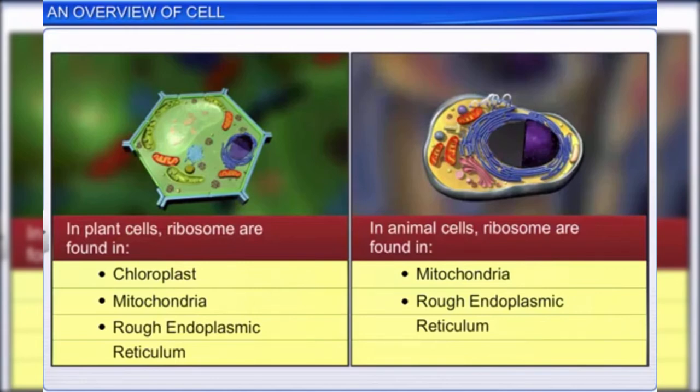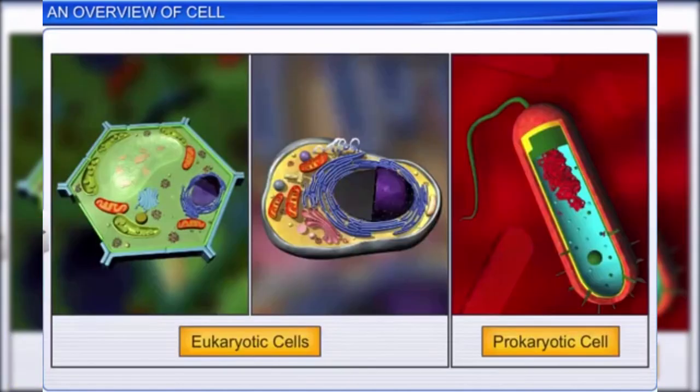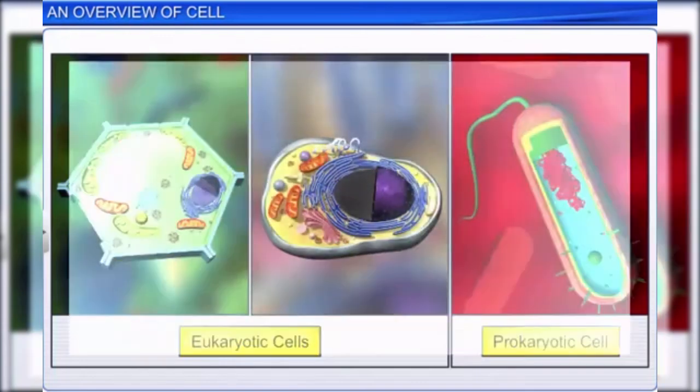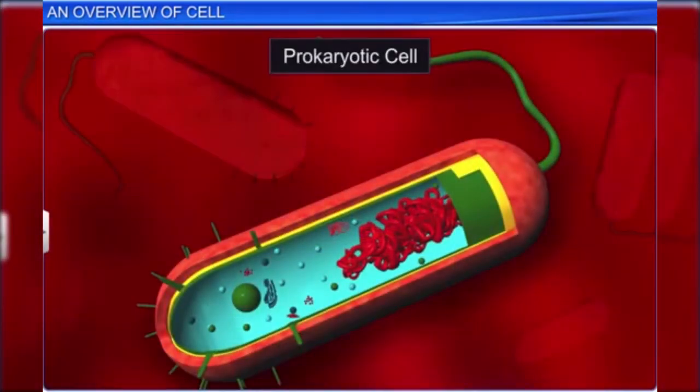Moreover, animal cells possess another non-membrane bound organelle called the centriole, which aids in cell division. The cytoplasm of prokaryotic cells, on the other hand, lacks membrane-bound organelles but contains ribosomes and fragments of extrachromosomal DNA called plasmids.